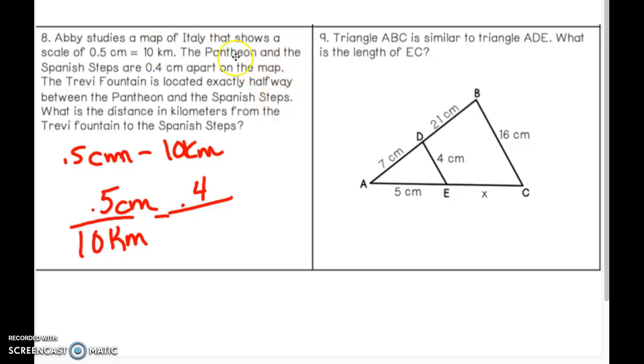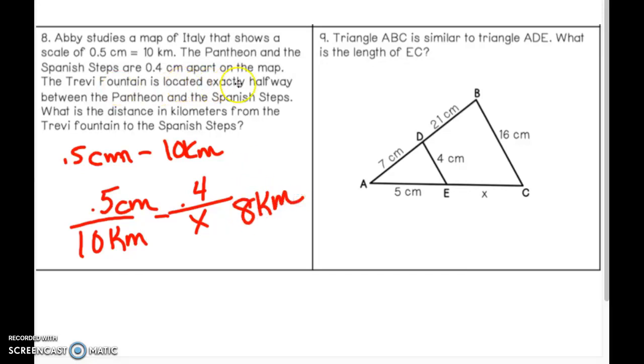So this is the Pantheon, so halfway. So once we find this, we'll have found the distance, and we'll have to find half of that. So here we go. That is 0.4 times 10, divided by 0.5. It looks like it's going to be 8 kilometers.